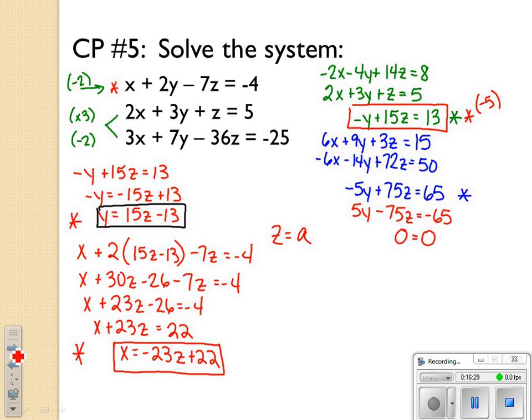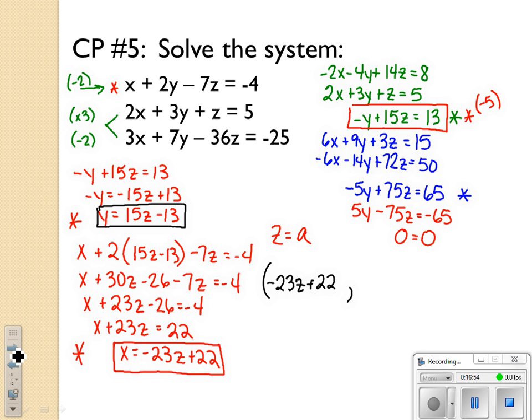We have expressions now that will relate the number we pick to plug in for z with the x and y that would go along with it. All right, so this is what we're going for. Listing our answer now. Our x expression is negative 23z plus 22. So we don't have a number for x. We have an expression for x.